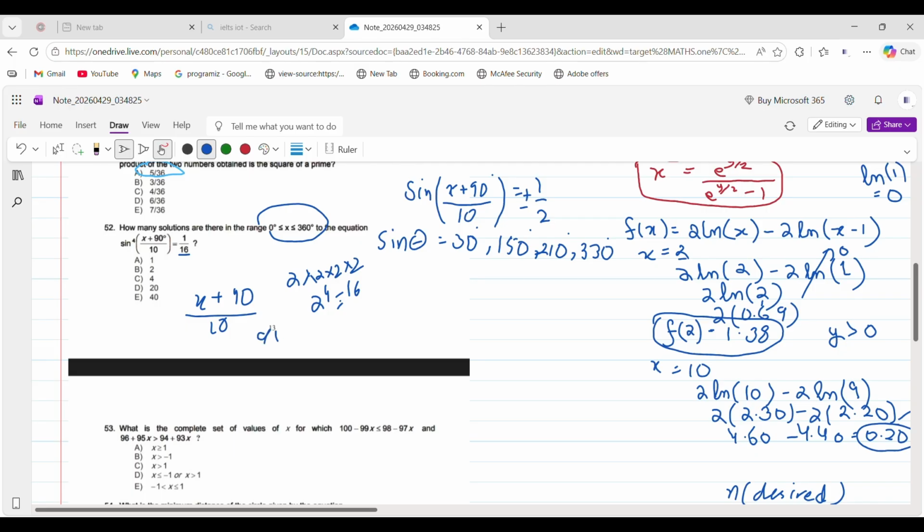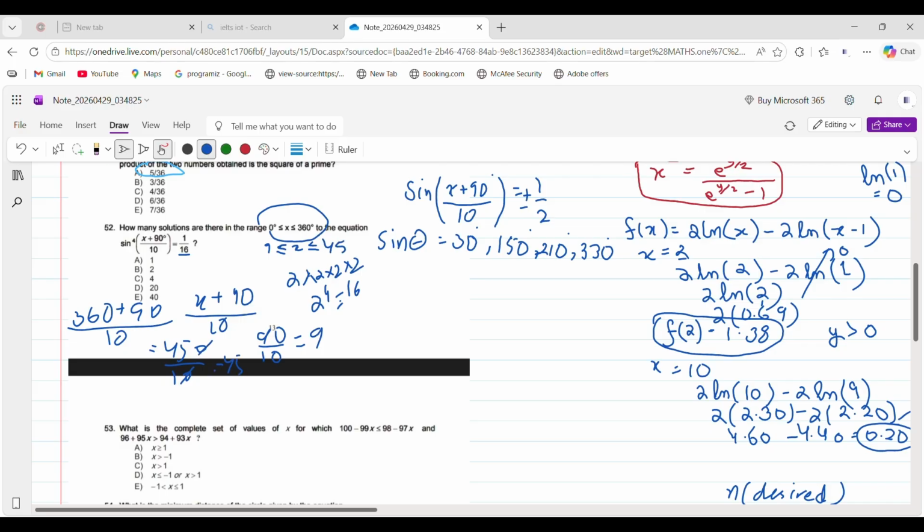So 0 plus 90 is 90 upon 10 and our answer is 9. So at 0 my answer came out to be 9. That is less than or equal to x, and my x is less than or equal to 360, I have to find now. So 360 plus 90 upon 10, what will I get? 450 upon 10. 0 cancels with 0, 45.